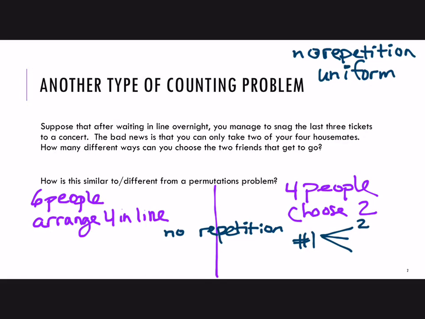You can choose any of the 3 remaining people. Let's say you choose a different person, number 3. Well how many choices do you have for the next ticket? You still have 3. You have people 1, 2, and 4. So even though they're different people, the number of options is still unaffected by who was chosen for the first ticket. So this is a uniform problem.